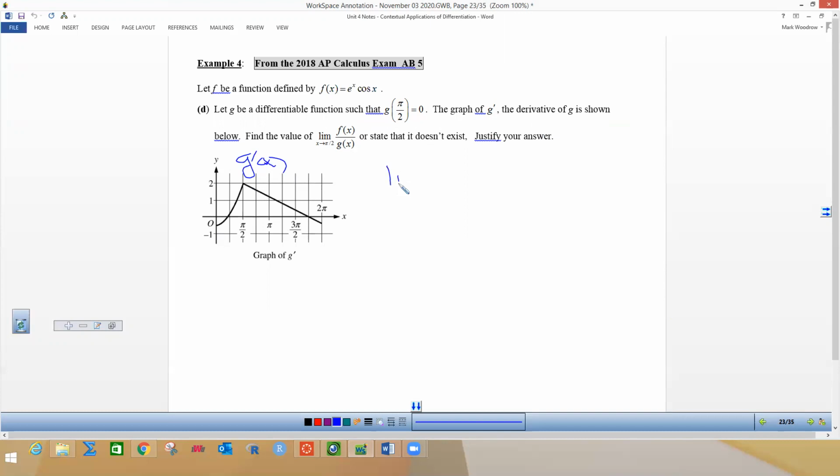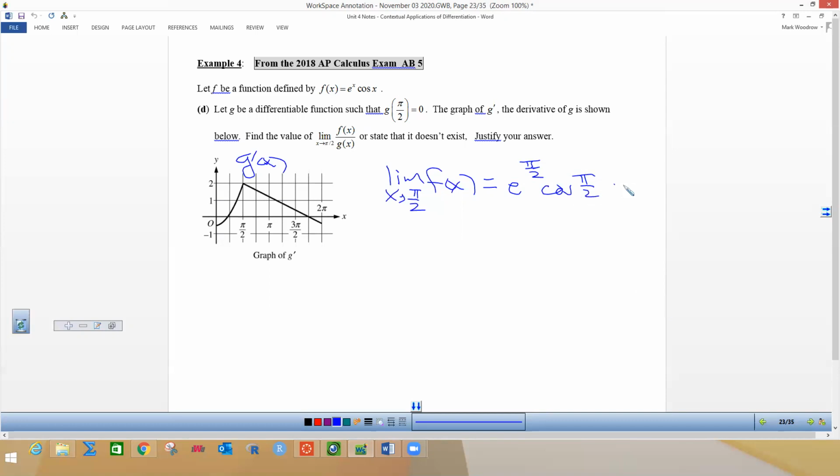So again, I'm going to do this one normal, like you should do, and you would do the top part. As x approaches pi over 2, we want to plug in pi over 2 for these things. So this is e to the pi over 2 times cosine of pi over 2.